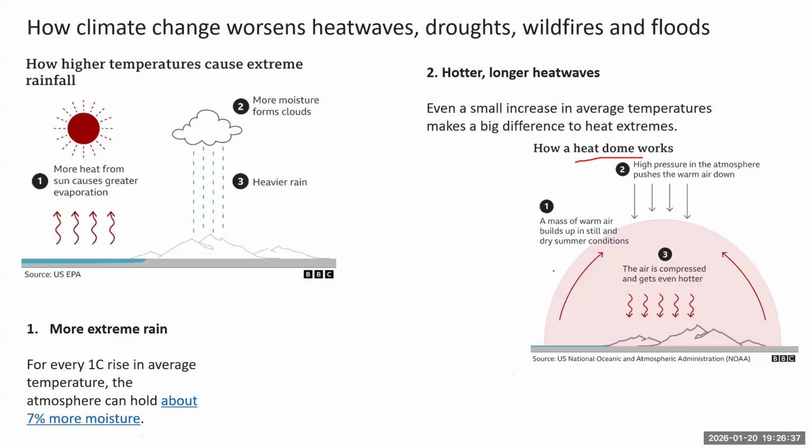A mass of warm air builds up in still and dry summer conditions, and the high pressure in the atmosphere pushes the warm air down, and the air is compressed and gets even hotter. So for some regions, there's a heat dome effect, and we experience further high local temperatures.